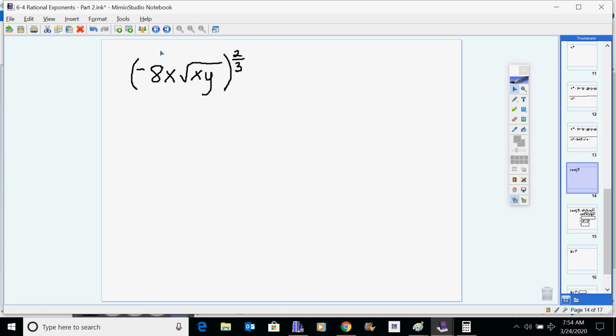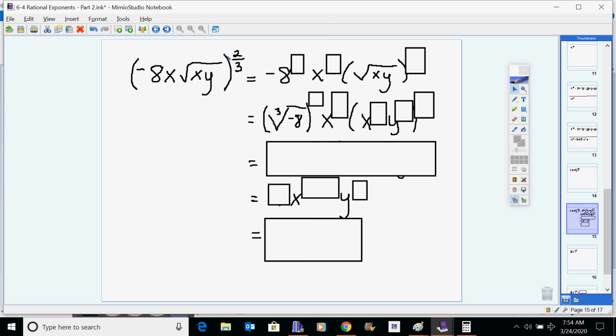All right, here we go. This one. Lots of things happening here because we've got these parentheses, we've got this square root, so we have to think about all of the different things that can happen here. First of all, this power has to apply to every single piece.